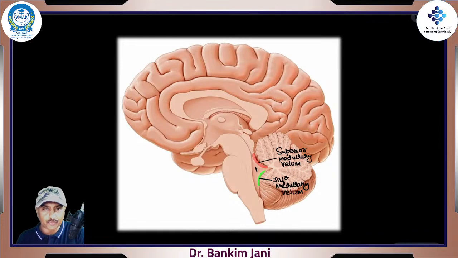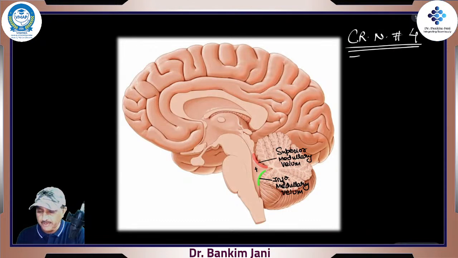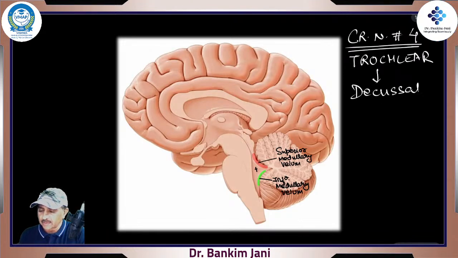So this is the fourth ventricle. And cranial nerve number 4, trochlear. This trochlear will decussate with the opposite nerve.